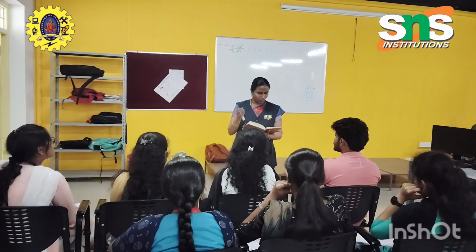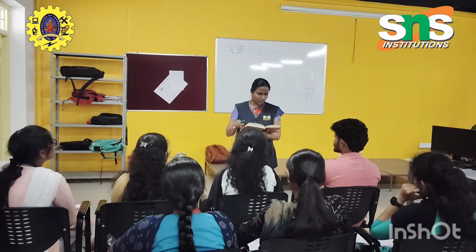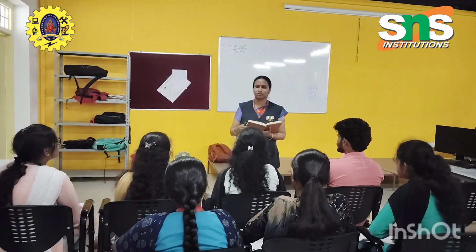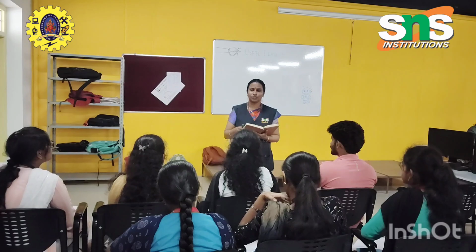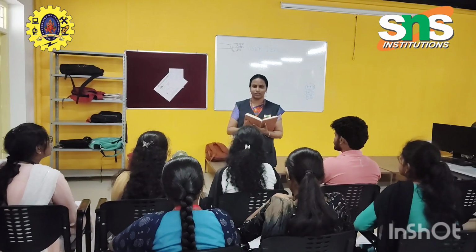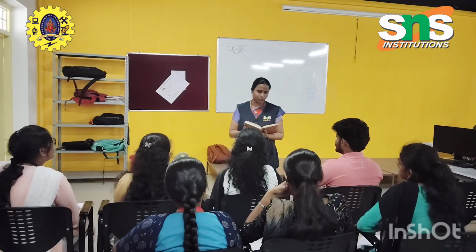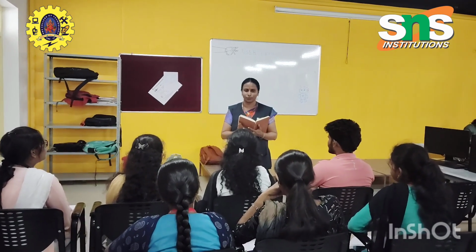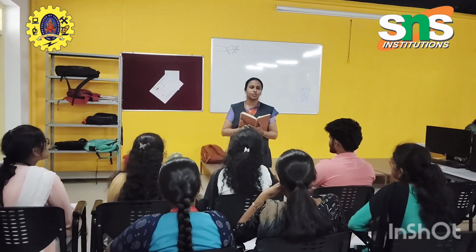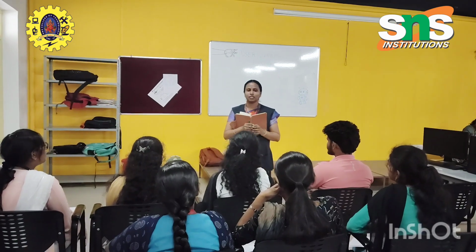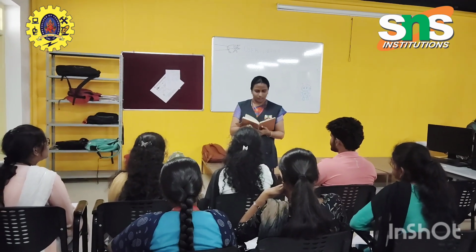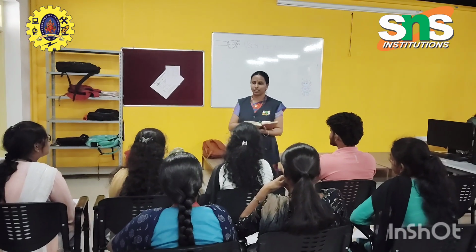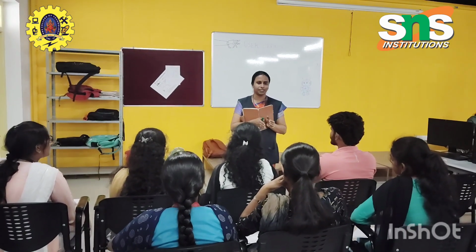So by using the alpha value, we find the weighted outcome: weighted outcome equals alpha into maximum value plus 1 minus alpha into minimum value. Alpha should be from 0 to 1, right? So this is the formula for finding the Hurwicz criterion. Okay, did you all understand decision theory?